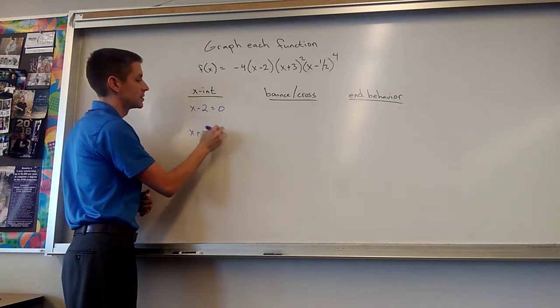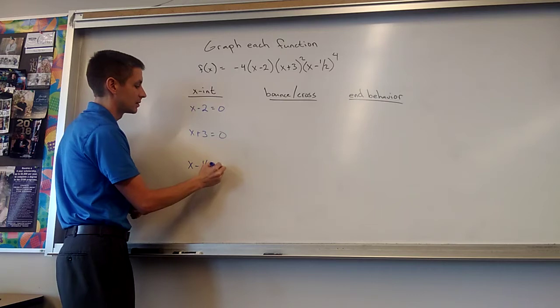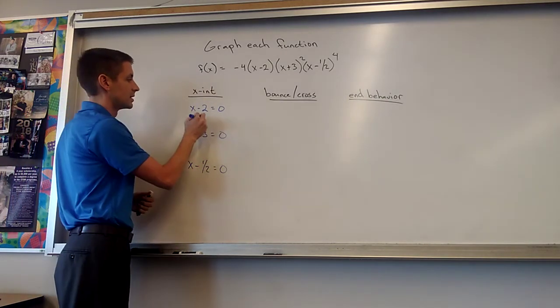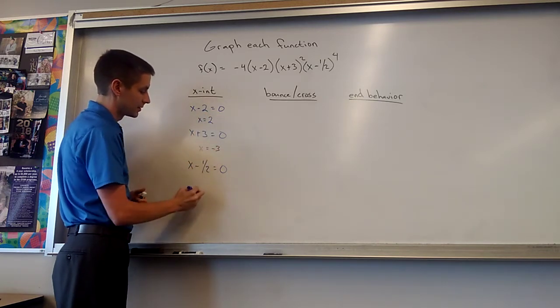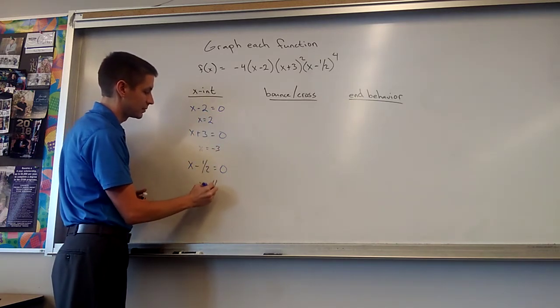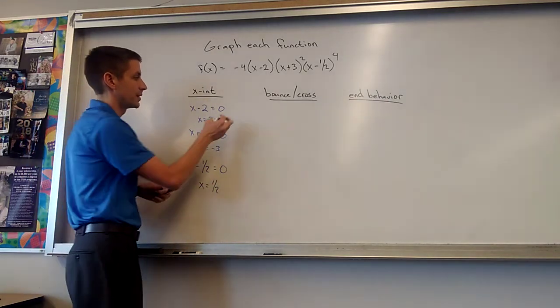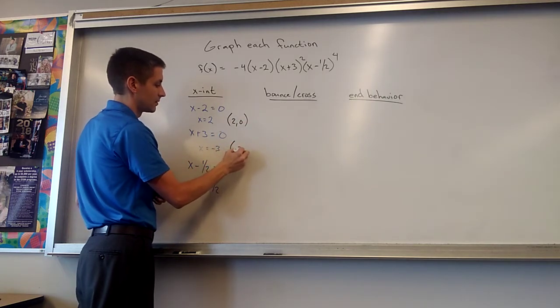And I'll set the x minus 1/2 equal to 0 to find those intercepts. For each of these, I can get x equals 2, x equals -3, and x equals a positive 1/2. So those intercepts in ordered pair form could be at (2, 0), (-3, 0), and (1/2, 0).